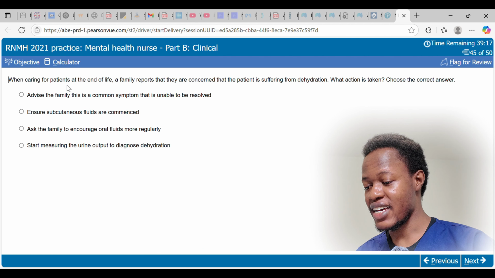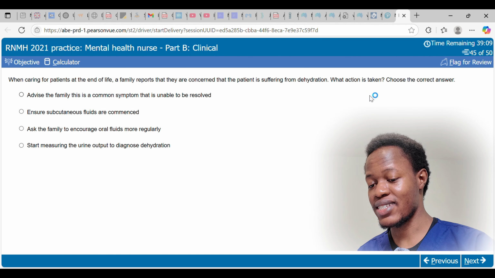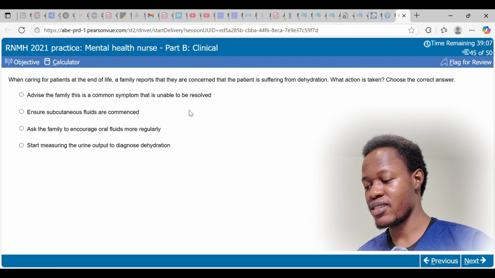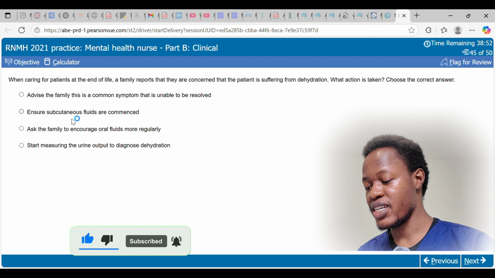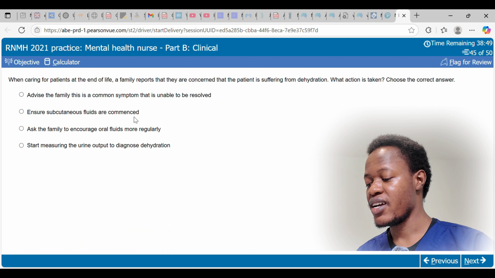When caring for patients at the end of life, if a family reports that they are concerned that the patient is suffering from dehydration, what action is taken? Choose the correct answer. A. Advise the family this is a common symptom that is unable to be resolved. B. Ensure subcutaneous fluids are commenced. C. Ask family to encourage oral fluids.